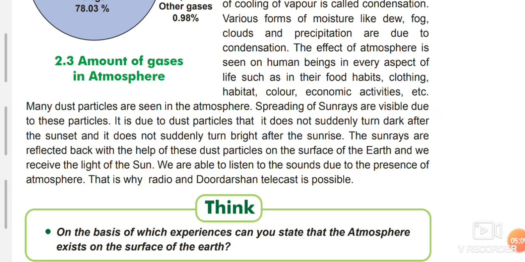Many dust particles are seen in the atmosphere. Spreading of sun rays is visible due to these particles. अगर आपने देखा होगा तो वहाँ पे स्मॉल स्मॉल पार्टिकल्स हैं। घर में जब अंधेरा हो और कर्टेन थोड़ा सा ओपन हो तो उस पार्ट में से बहुत सारे छोटे छोटे पार्टिकल्स दिखते हैं जो हम यूं ही आंखों से देख पाते नहीं हैं। It is due to the dust particles that it does not suddenly turn dark after the sunset and not suddenly turn bright after the sunrise. आपने देखा होगा तो धीरे धीरे उजाला होता है और धीरे धीरे अंधेरा हो रहा है। Because of that scattering of light due to particles, we don't realize sudden brightness during the sunrise and sudden darkness after the sunset.